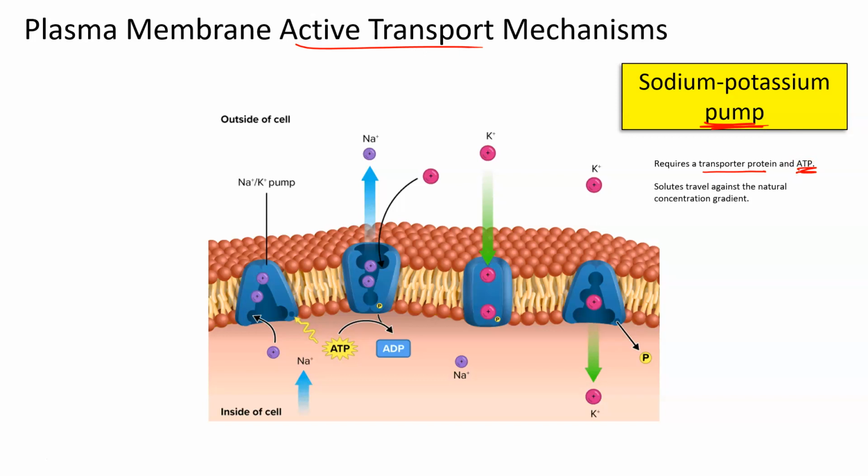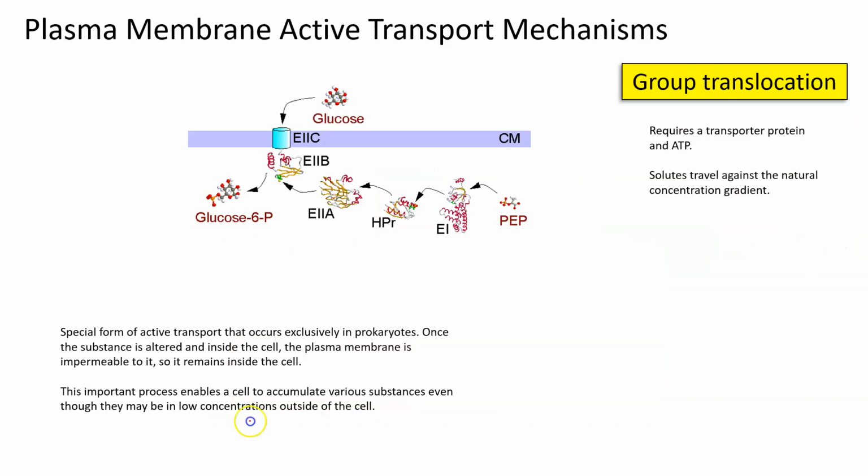Solutes have to travel against their natural concentration gradient. If the natural concentration gradient is high to low, active transport requires energy and pump proteins to pump the solutes against the natural flow, so they're moving low to high in an active transport mechanism.